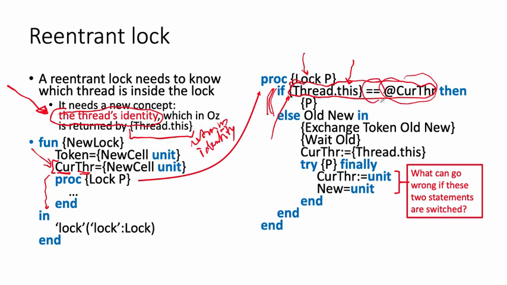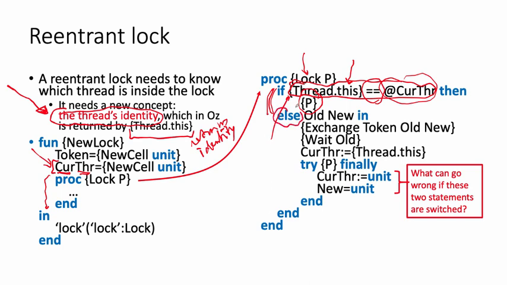If it's the same one, if the equal returns true, then I don't have to worry about tokens and whatever. I'm already in, okay? I only have to worry about tokens the first time I get in. If I'm in, I'm in, okay? So I immediately execute P and I don't worry about tokens.